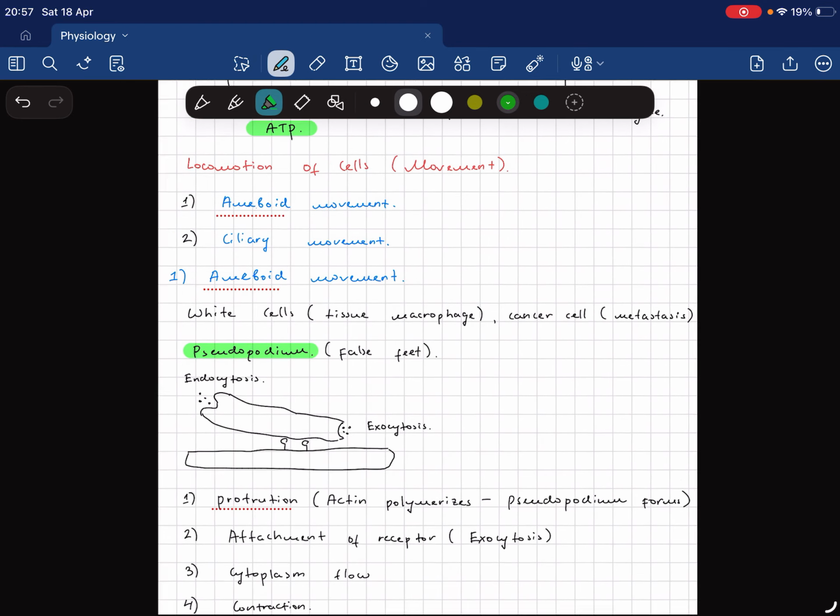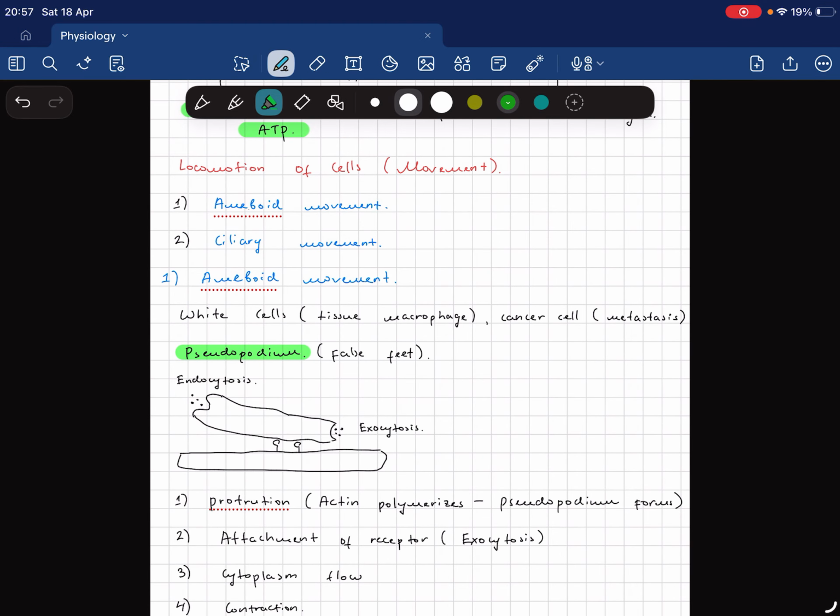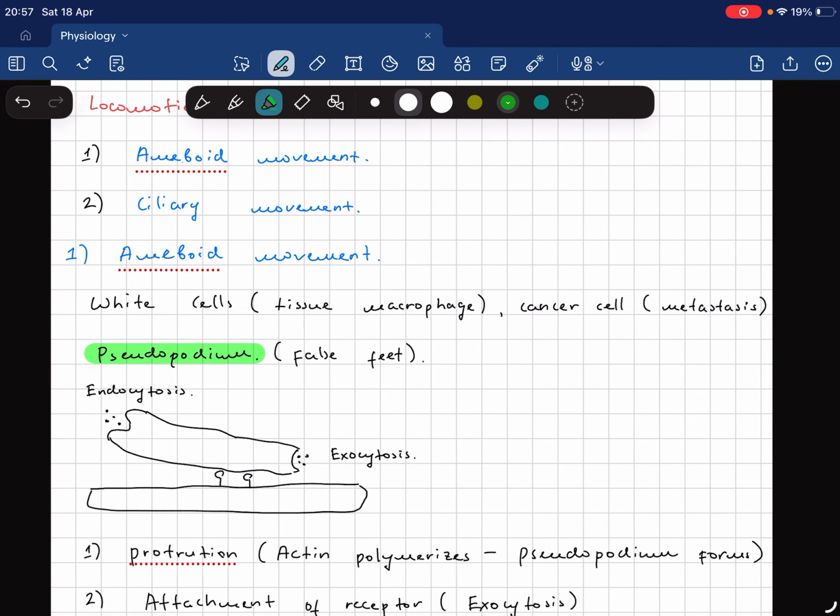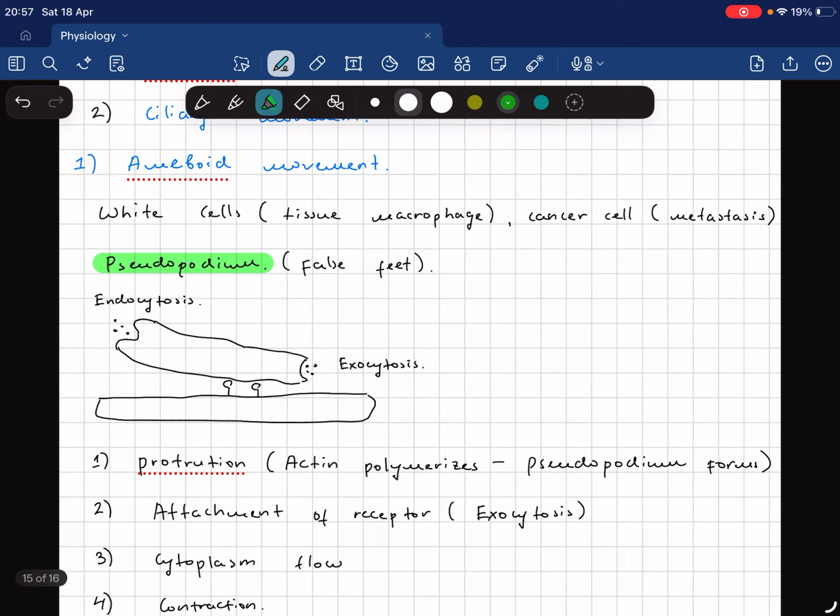Now I'm going to talk about the locomotion of cells. In other words, it means movement of cells, how cells move to other places. Of course, there are cells that don't move, but there are some cells that can move. The first type is amoeboid movement. Amoeboid movement is basically just like an amoeba's movement.